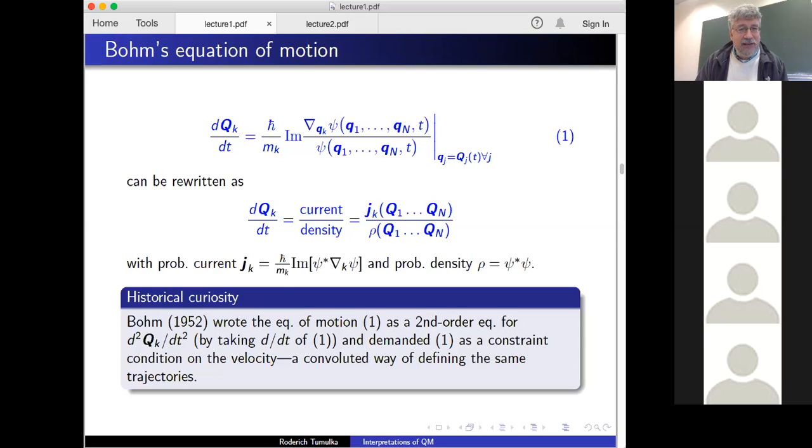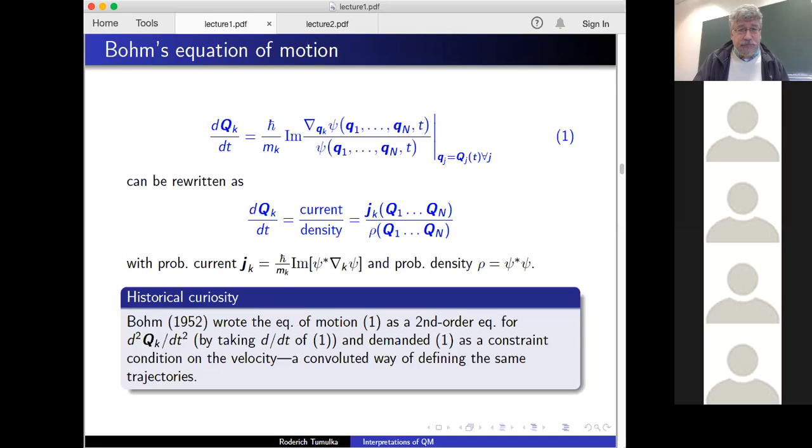It has an index k because that refers to particle number k. So the probability current is really a vector field in configuration space. Configuration space here would be 3n dimensional. The configuration being the list of the positions of all particles. And the probability current would be a 3n dimensional vector. So it has 3 components for each particle, and the j sub k, that would be the 3 components belonging to particle number k.